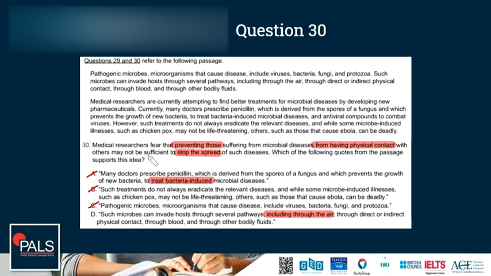So, why is it not enough to avoid having physical contact to stop spreading a disease? Because a disease can as well spread through the air, through blood, and through other bodily fluids. Answer D makes perfect sense.